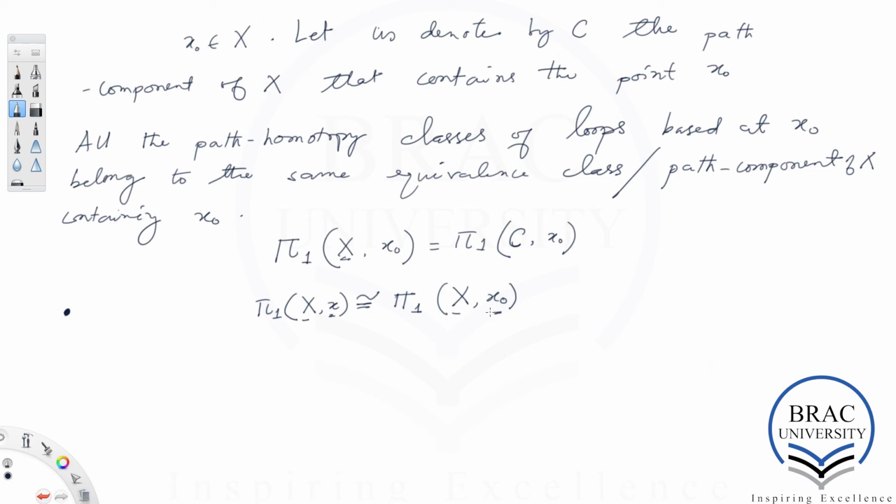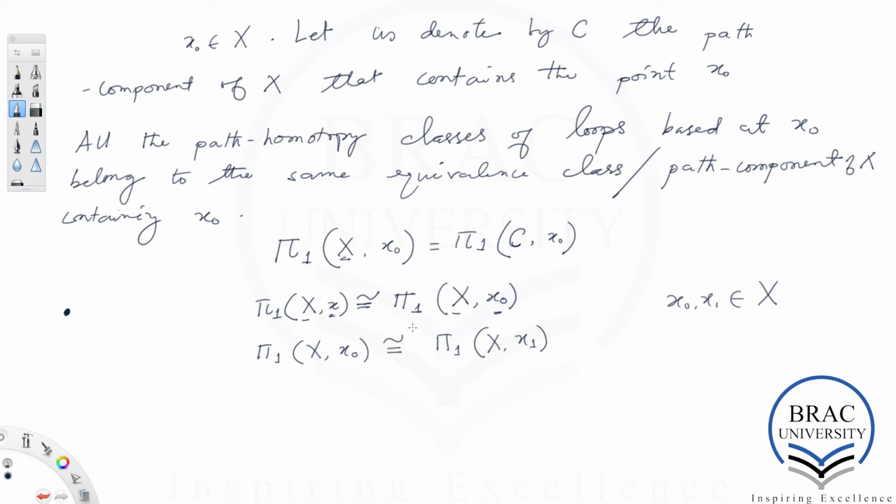But for example, if we choose this fundamental group, and if we choose this fundamental group, where x0 and x1 are two points in a path connected topological space, we know that they are isomorphic.